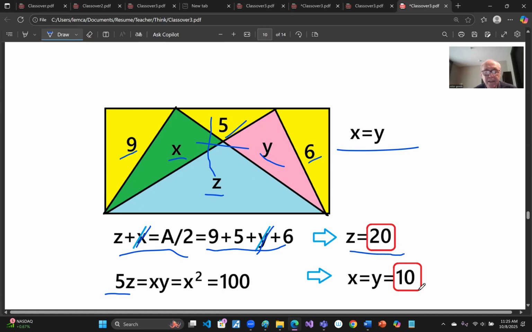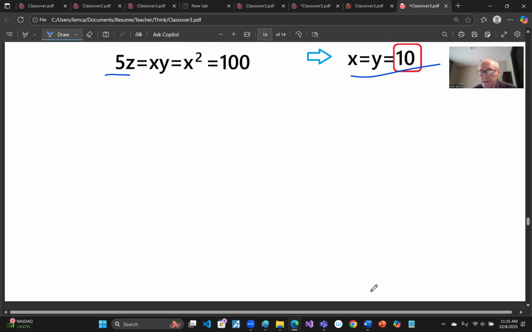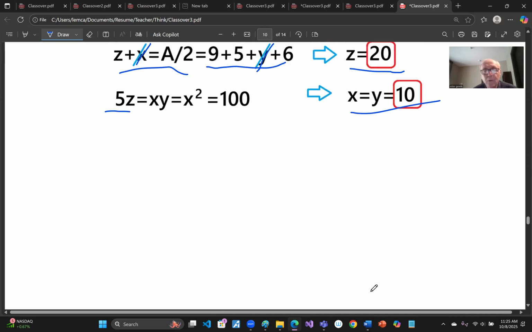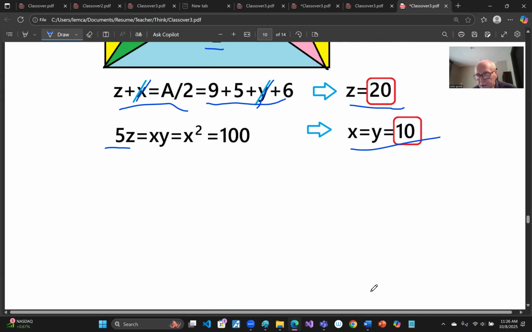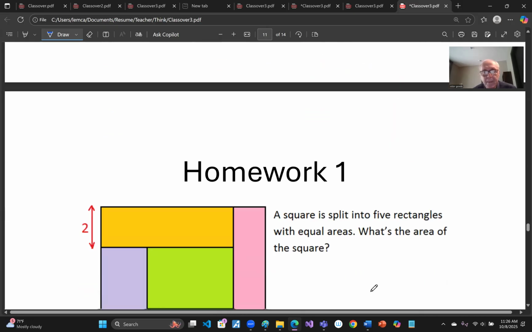So x is equal to y and is equal to 10. So now we considered 6 rules which will help you in solving Olympiad questions. Any questions? No questions, so we go to the homework.